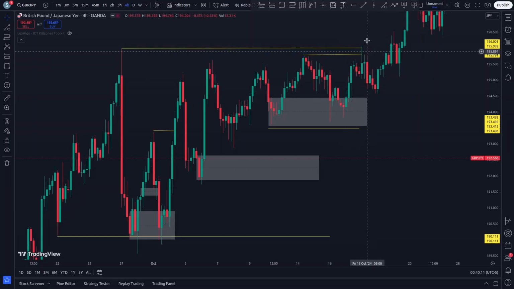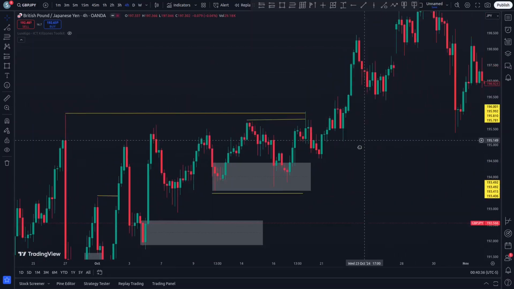So with this liquidity sweep, price swept the whole liquidity in this area. We have a low here, a high here, and we have another high here. Price came and swept those liquidity. When price swept this liquidity, taking this high, it came down to this level. It returns to this range before continuing this move.